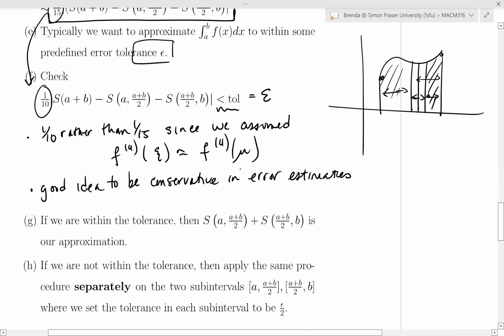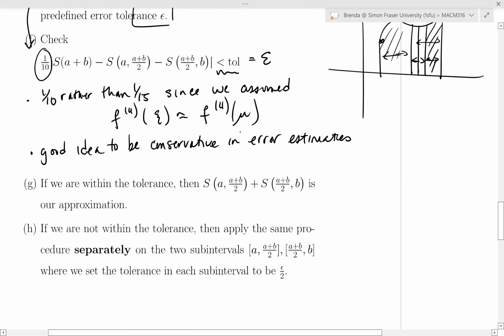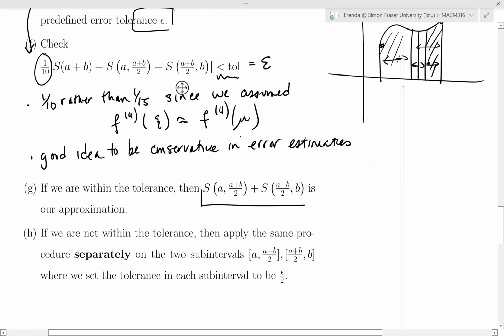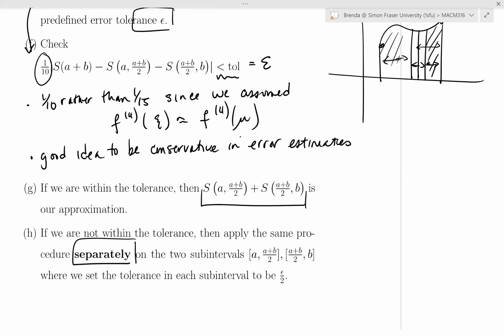Now, if we're within the tolerance, then these two Simpson method approximations, one on the first half and one on the second half, are our answer. If we're not within the tolerance, then we apply the same procedure separately on the two subintervals. And we set the tolerance of each subinterval to be half.